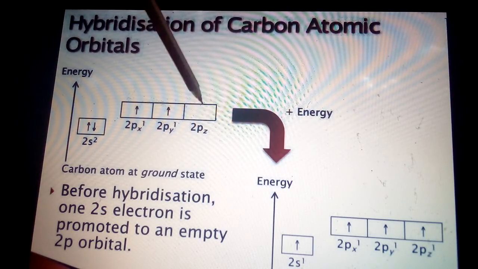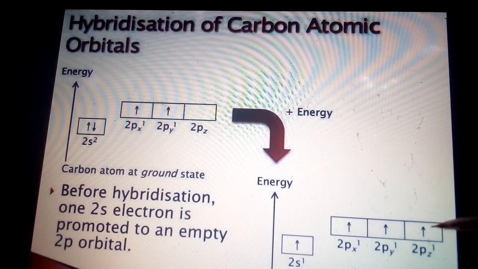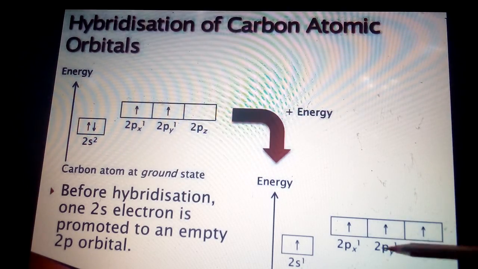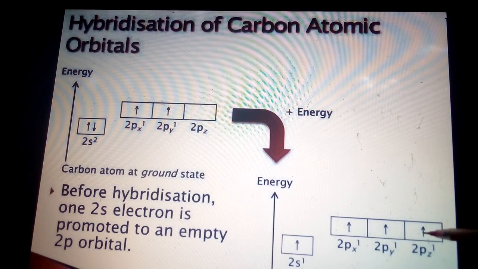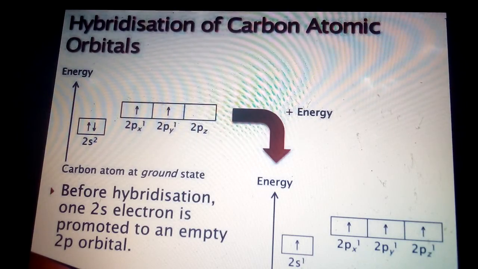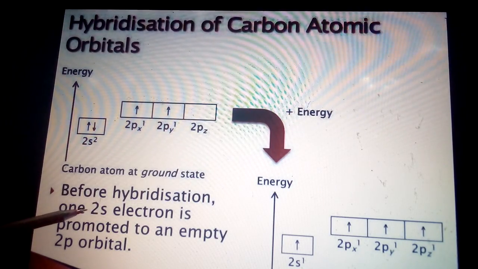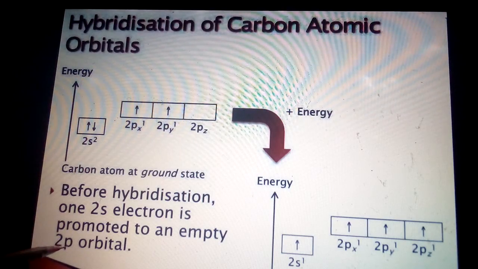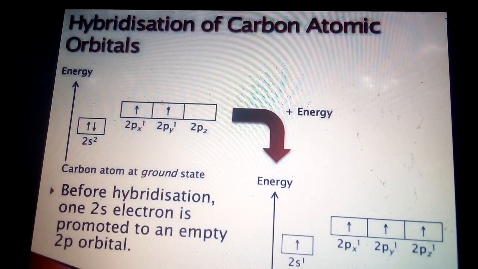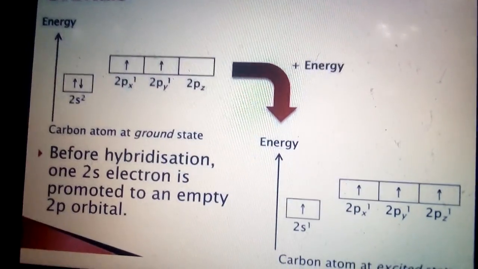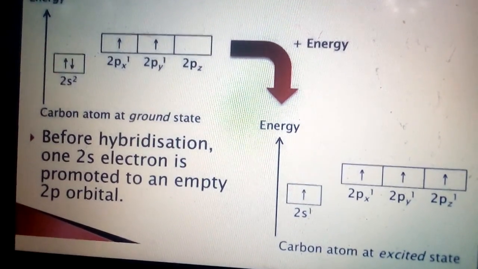Now all the orbitals are occupied by electrons. Now the carbon is at the excited state. So before hybridization, a 2s electron is promoted to an empty 2p orbital. That is the first step. So wait to see the next step.